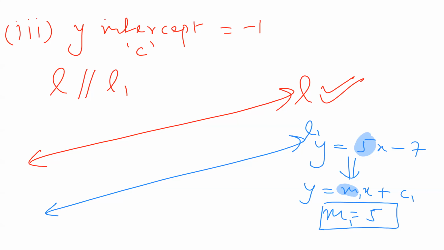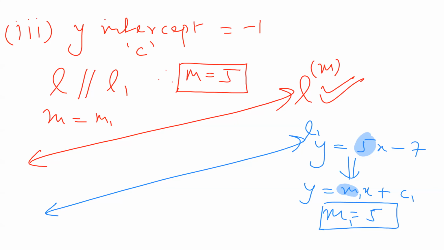Okay, and slope of line L, let's say it is M. So since L is parallel to L1, M is equal to M1. Therefore M equals 5, right?